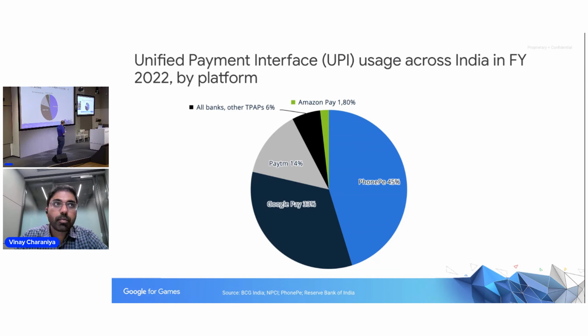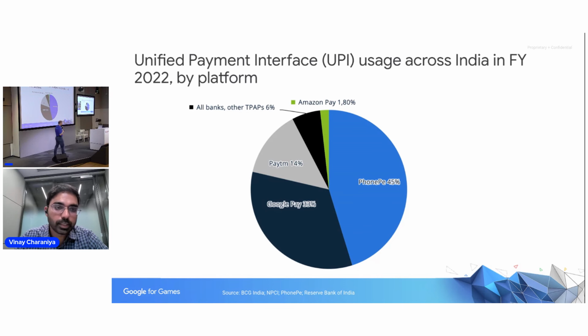And if I recollect the numbers correctly, in the month of May itself, there were close to 40 billion odd transactions happening via UPI. Amongst UPI transactions, Google Pay, PhonePe, as well as Paytm are the top providers.